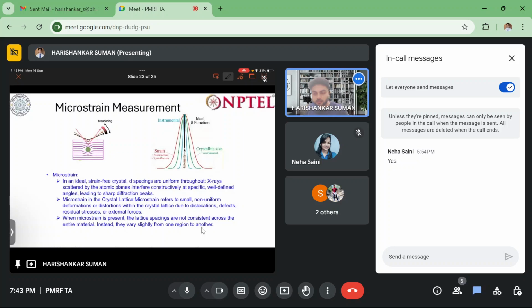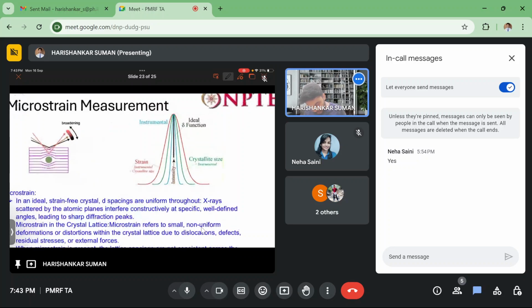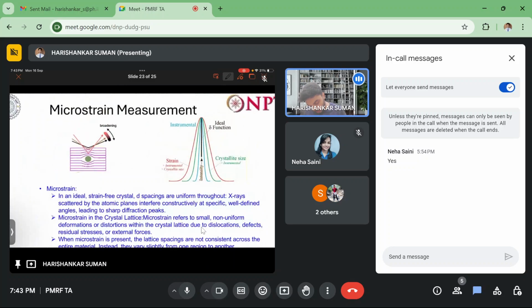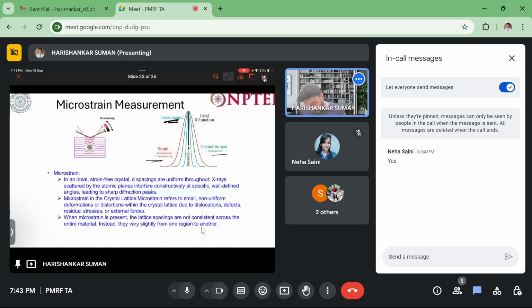Let's discuss something more about microstrain and XRD. Intensity should be like a delta function, but there is instrument error, crystallite size, and lattice strain. In an ideal strain-free crystal, the d spacing is uniform, so X-rays scattered by atomic planes interfere constructively at a specific well-defined angle, leading to a sharp diffraction peak.